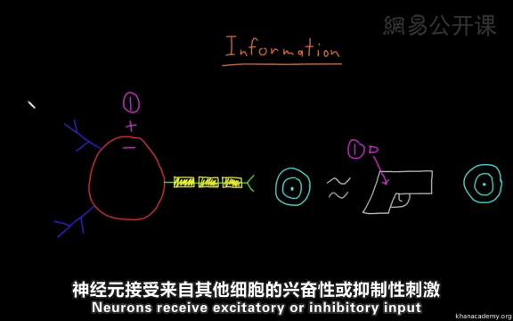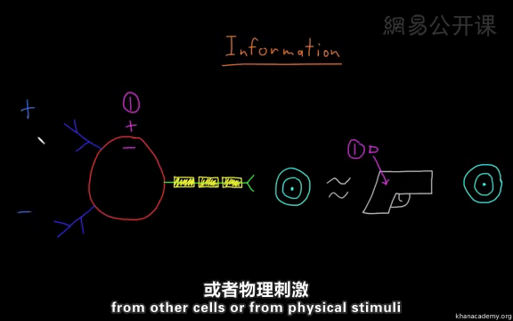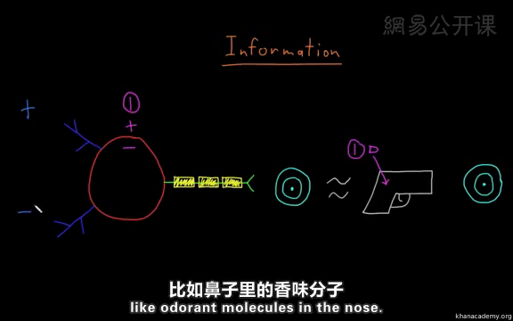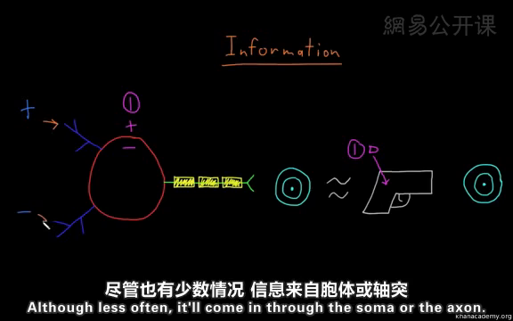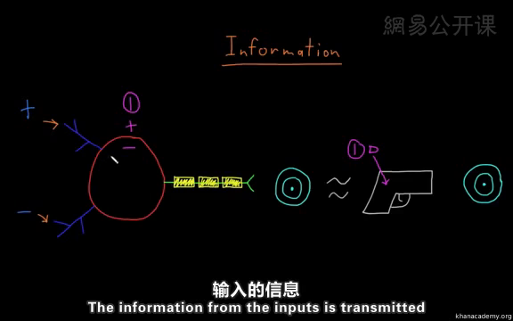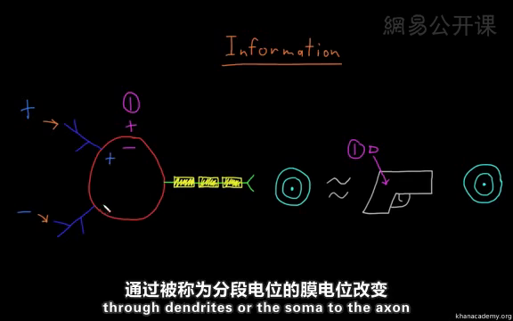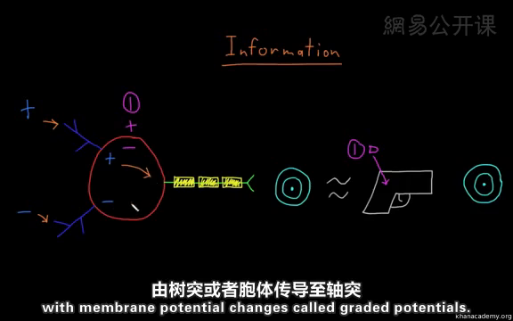Neurons receive excitatory or inhibitory input from other cells or from physical stimuli like odorant molecules in the nose. Input information usually comes in through the dendrites, although less often it'll come in through the soma or the axon. The information from the inputs is transmitted through dendrites or the soma to the axon with membrane potential changes called graded potentials.